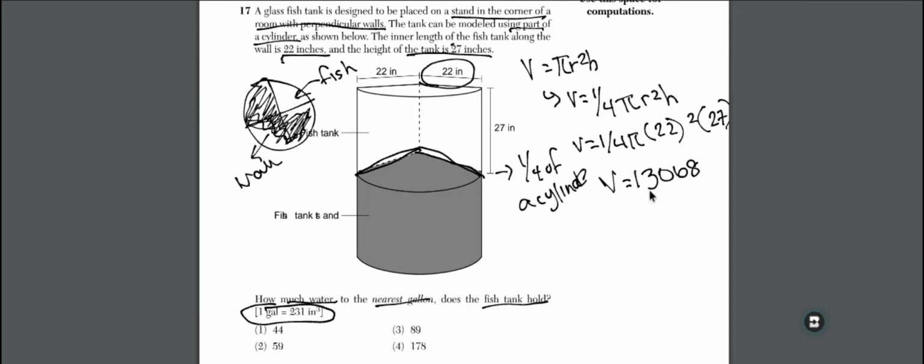And then I'm going to times it by 1/4 or divide it by 4. And I'm going to get V equals, don't forget your pi, 3,267 pi. Do not do the pi until the end, please, because that is going to prevent that rounding error. So V equals 3,267 pi.